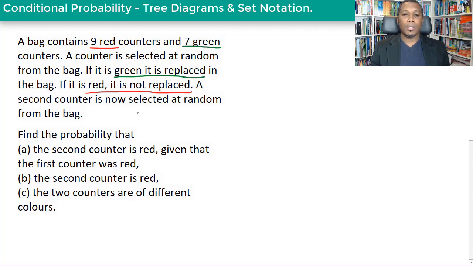The first thing we want to do is build a model. Let's build a tree diagram, and then we can use that to answer the questions. I'll be clear, it's not absolutely necessary to draw a tree diagram for this question, but I do think it would help.